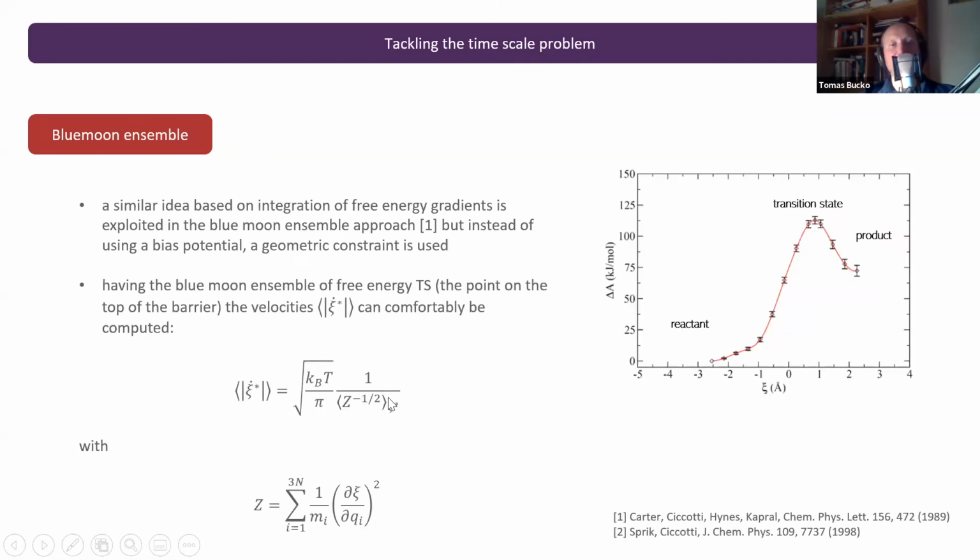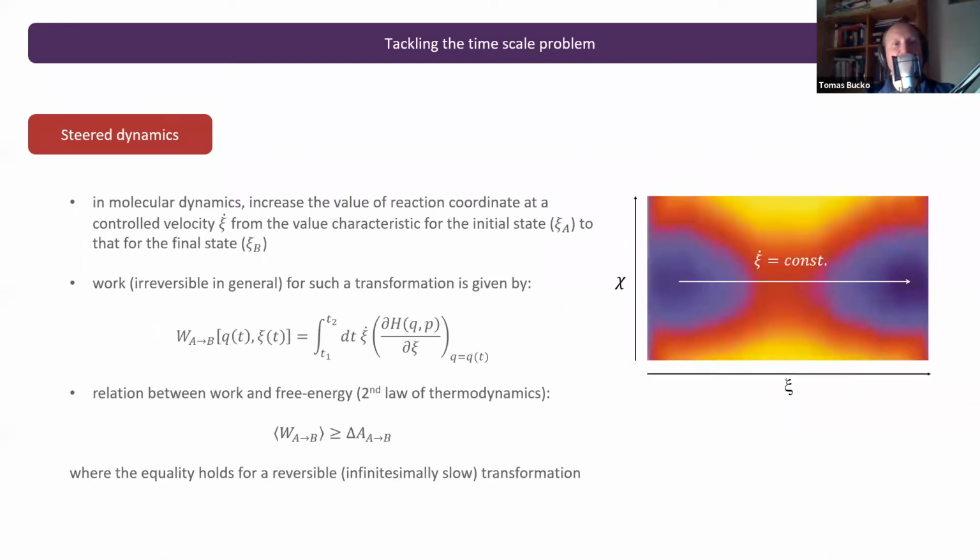This is printed in the output for every MD step, so you can very conveniently compute the velocity in post-processing of the blue moon ensemble calculation. So that was just a side remark.